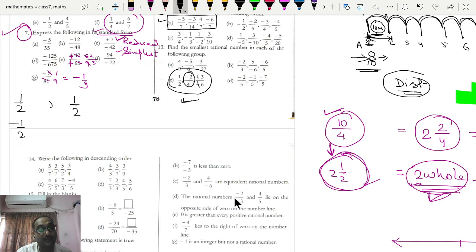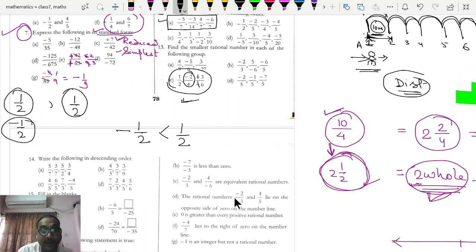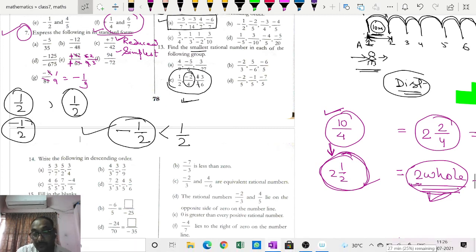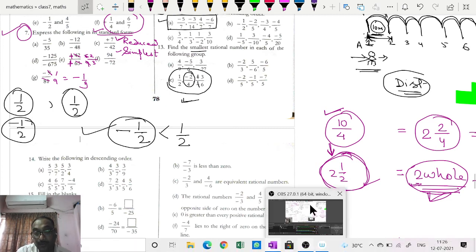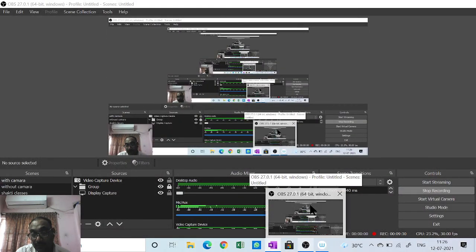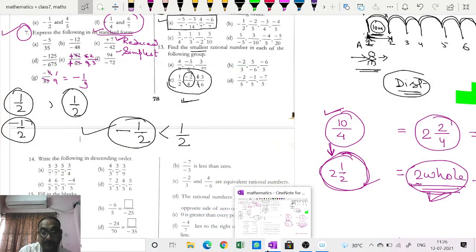So see here, these two numbers are equal and positive, and this number is negative. Negative is always smaller than a positive number. Okay, so here find the smallest. So tell me which number will be the smallest. This number will be the smallest number.